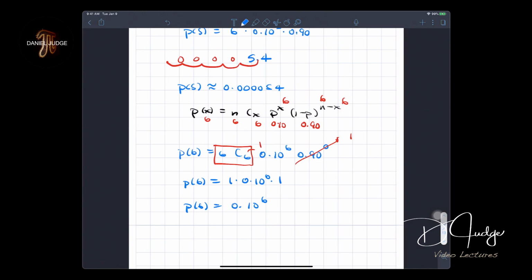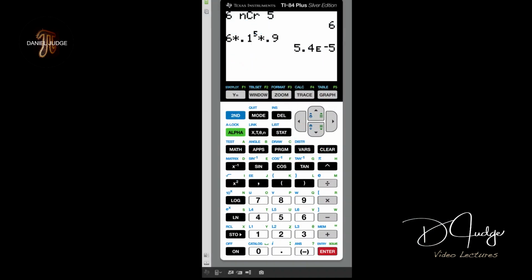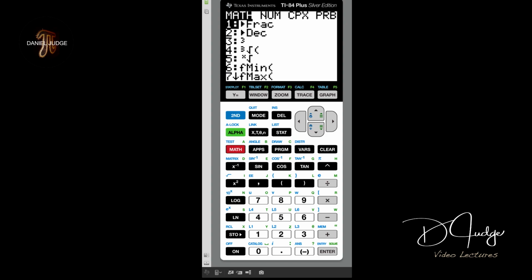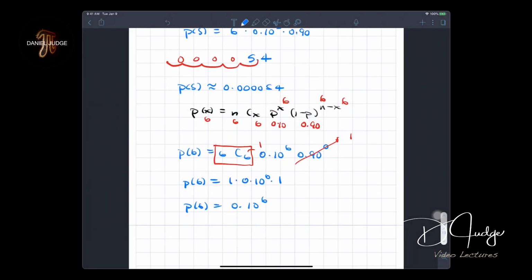Let's go back and take a look. 6C6: math, combinations. There we go. Didn't we say what it was going to be?